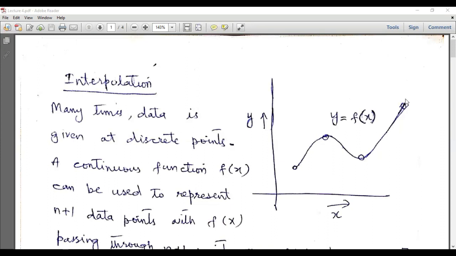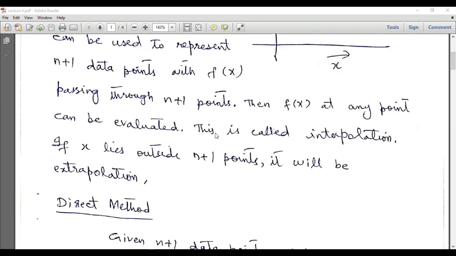Sometimes we are not given the value of the data beyond this point. Still, we can estimate the value of the data beyond this point, and that is called extrapolation. So if x lies outside the n plus 1 points, it is extrapolation.